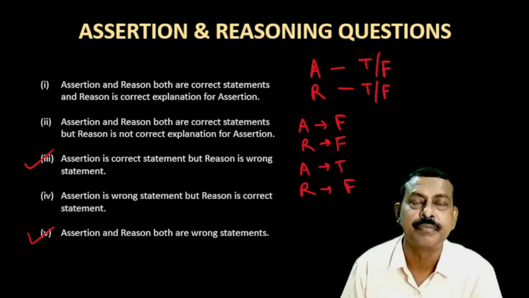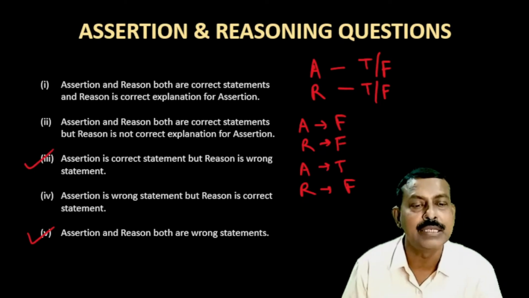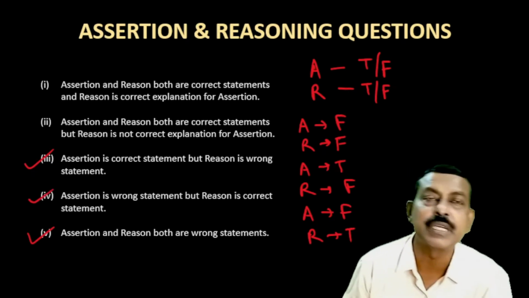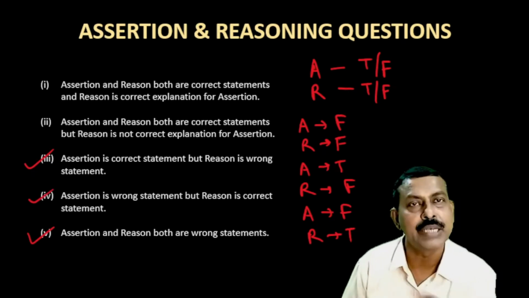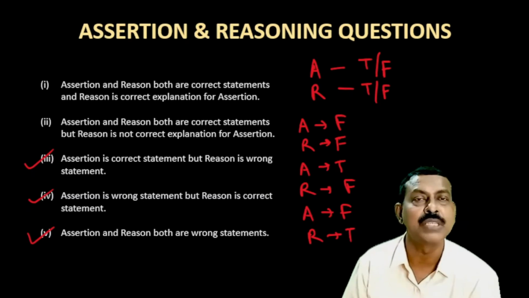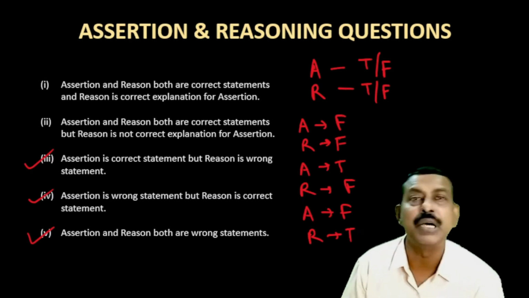Similarly, if you find that assertion is false but reason is true, in that case it is the fourth one which is the correct option. So outright, you can choose the correct option once you know the status of the statements of the assertion and reason.